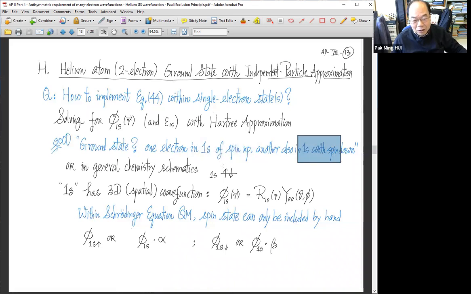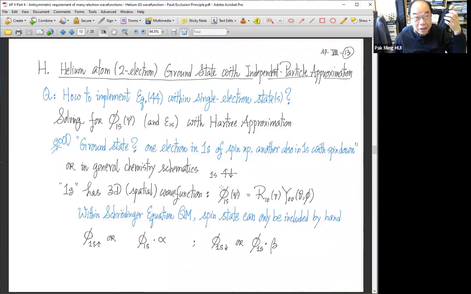In general chemistry, this is the picture that you often see, right? Now, what does this picture actually refer to in real quantum mechanics?